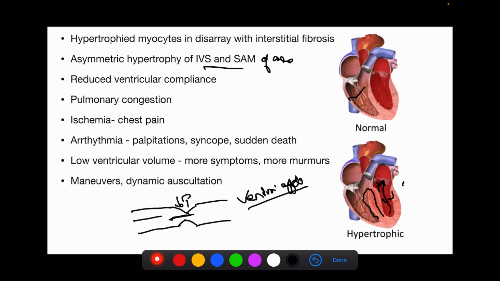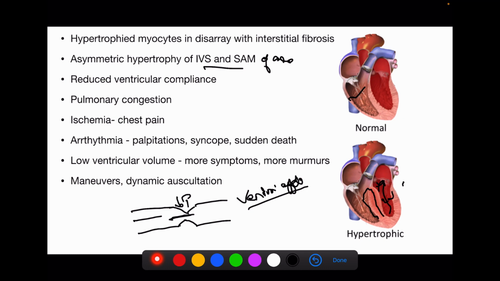And because the left ventricular outflow tract is getting narrowed in systole, and the other thing that is happening in systole is that the anterior mitral leaflet is getting dragged into the left ventricular outflow tract, the mitral valve is not properly coapted. So the mitral valve, instead of being closed, the anterior mitral leaflet has come into the left ventricular outflow tract during systole.